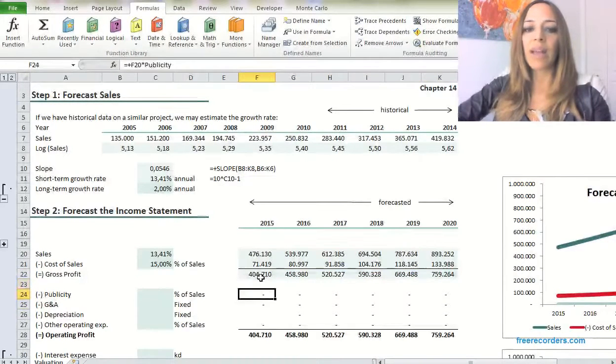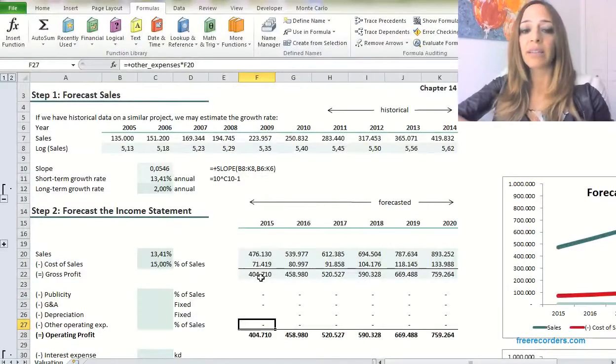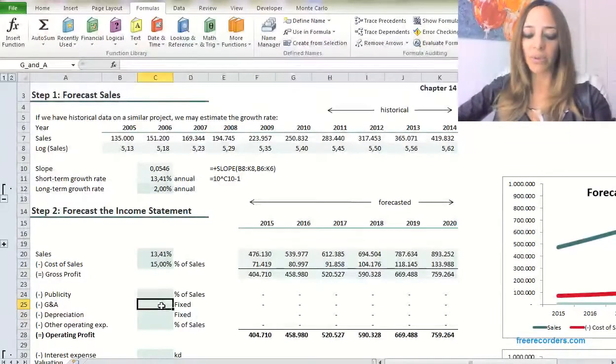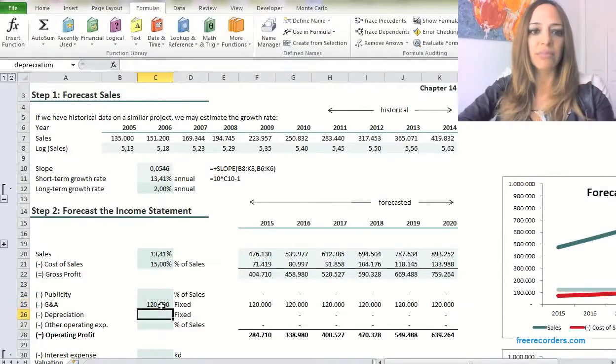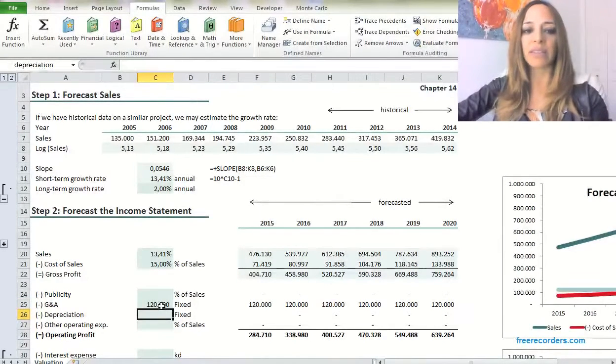Okay, and now we have other operating expenses which could be fixed. For example, here G&A will be $120,000 each year. It's completely fixed. It does not move or change with the growth of sales. The same with depreciation.